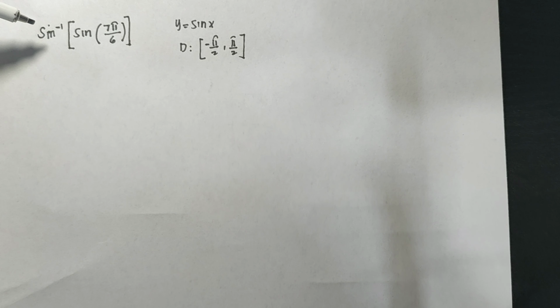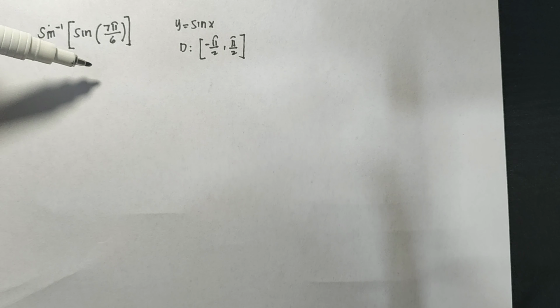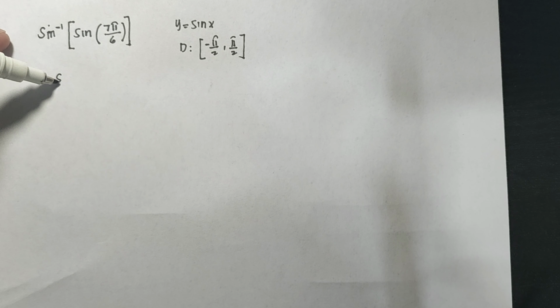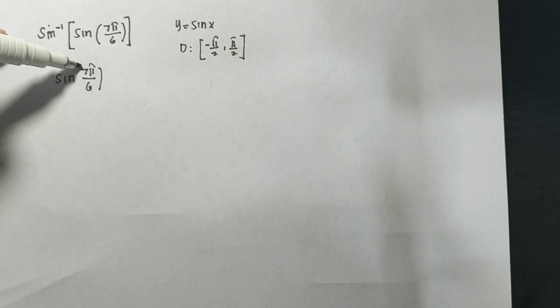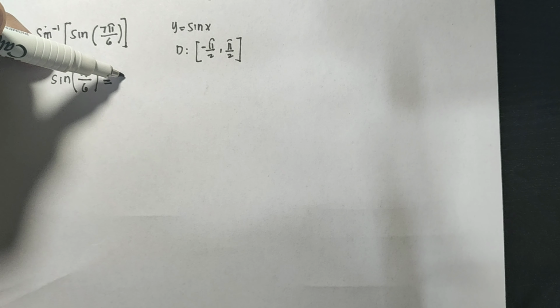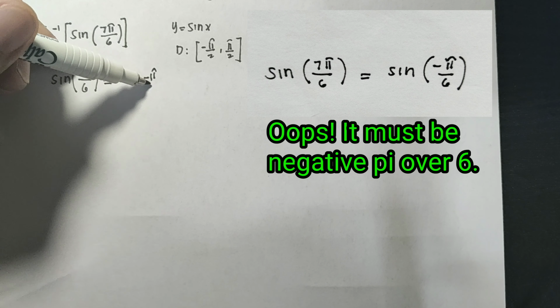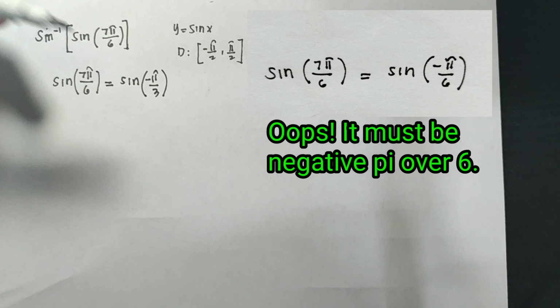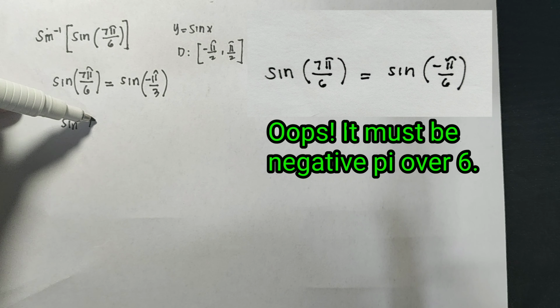At this point, we need to look for a value in the domain that corresponds to the same value of sine. Since sine of 7 pi over 6 is equal to sine of negative pi over 6, we can substitute that.